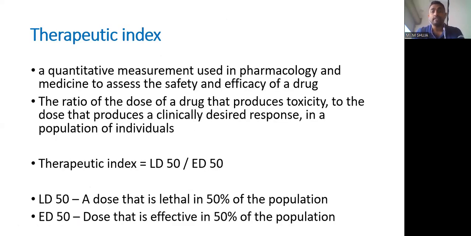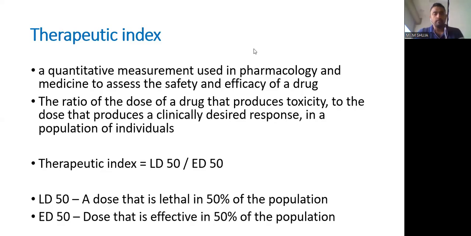So what is therapeutic index? It is a quantitative measurement used in pharmacology to assess the safety and efficacy of a drug.